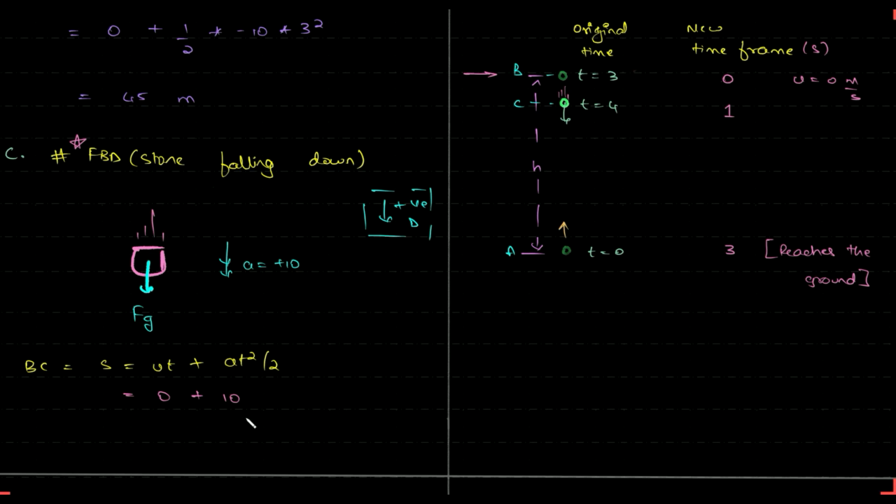It's falling down, so down is positive, so a is positive, time is 1 second, square of that is also 1. So it has reached 5 meters down. But we have to find AC. Therefore, AC is equal to AB minus BC, that is 45 minus 5, that is 40 meters.